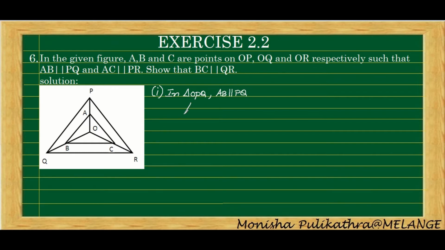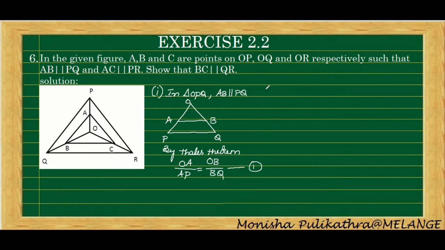So let us draw the first triangle. So here O, P, Q, where AB is parallel to PQ. So by Thales theorem, OA by AP is equal to OB by BQ. So let this be equation number 1.